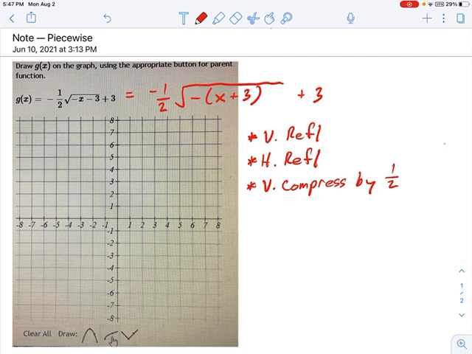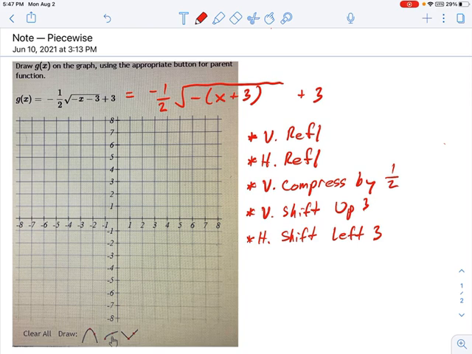And there are two shifts going on. There is a vertical shift up by 3, and there is a horizontal shift. Since we factored out that negative sign, we know that this horizontal shift is really going left by 3. Okay? And now you just have to draw it.